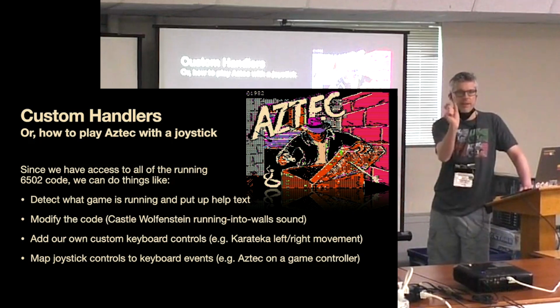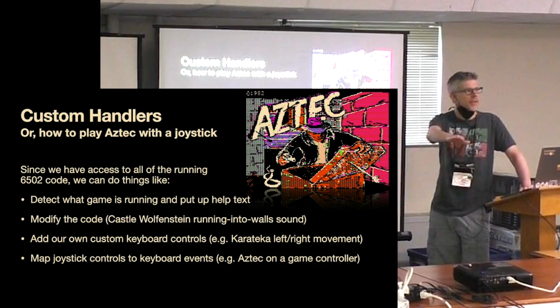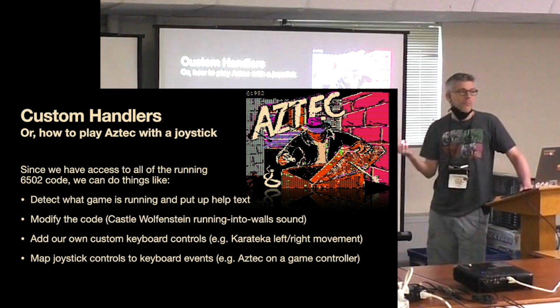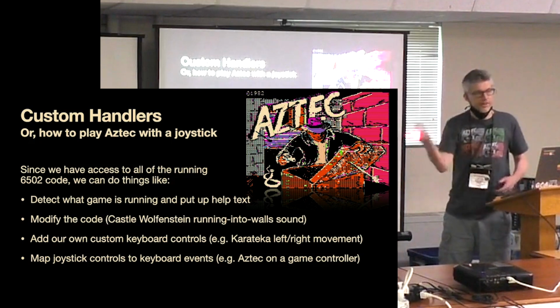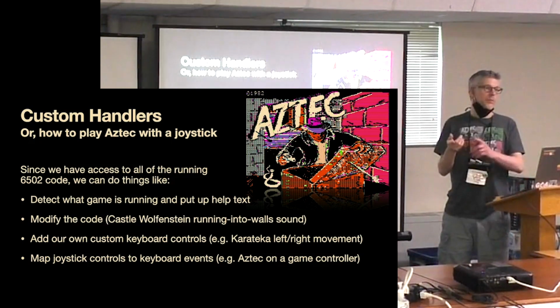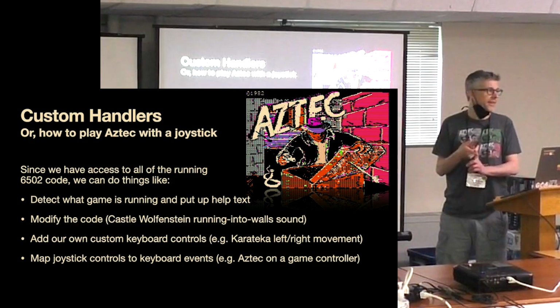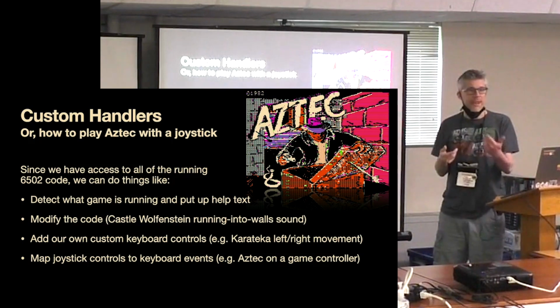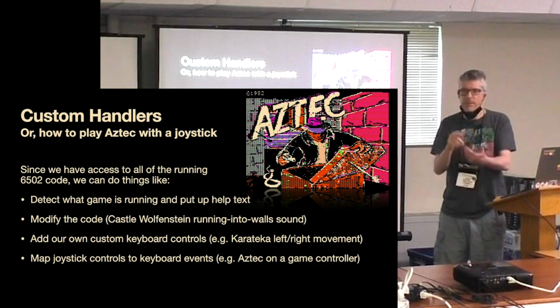It can say, I know that these 3 bytes in memory are where the key routine is for Aztec, and I'm just going to insert a special handler. So I've done things like, when it detects a certain game, it'll bring up a little help screen, and I'll show this, or it will change the way the keyboard works. For example, for Karateka, as soon as I tried this on the phone, I realized I couldn't play the game because there are no arrow keys on the keyboard on an iPhone. You bring up the keyboard, there are no arrows.